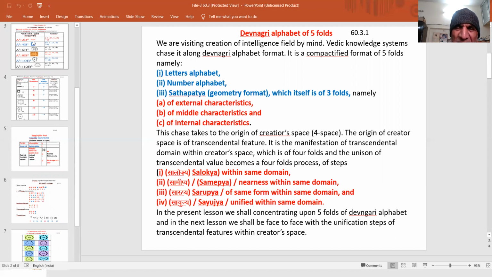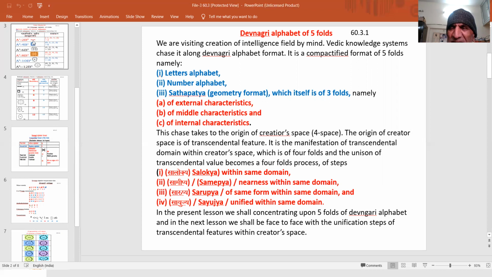The origin of creators of space is of transcendental features. It is the manifestation of the transcendental domain within creators of space, which as well is of 4 folds, and in terms thereof happens unison of transcendental values.